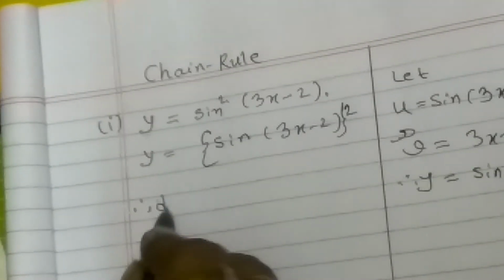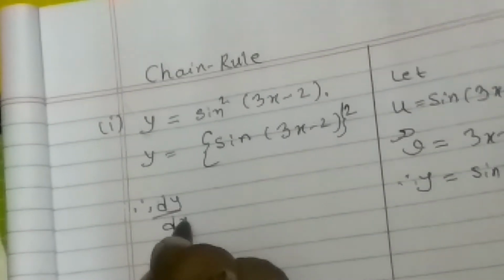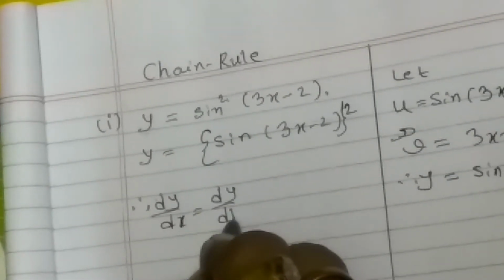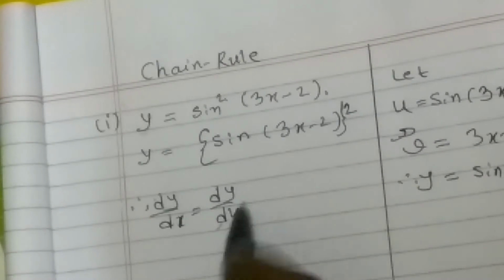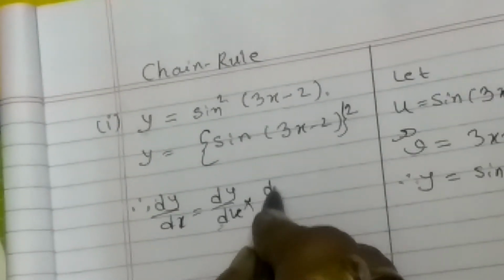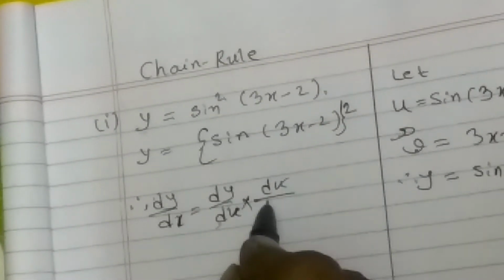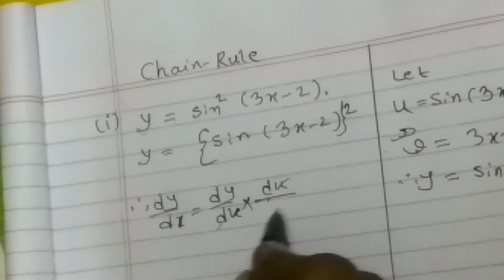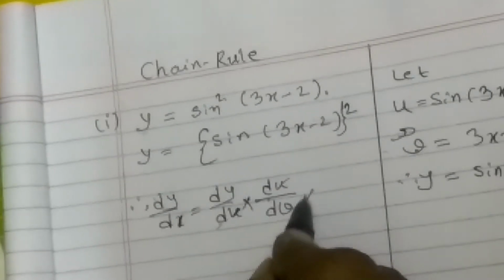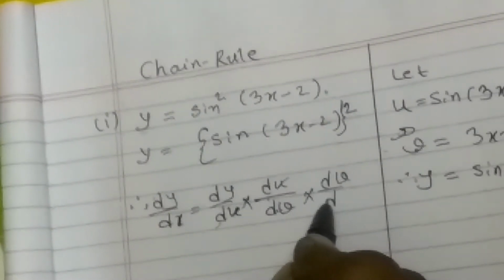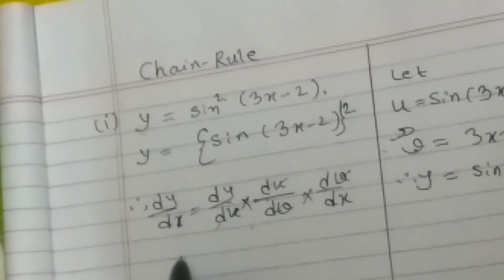Just carefully mind it. The more you practice, the more you can master it. So dy by du, again du is there on the bottom, so du will seem to cancel. Now du by dv, and dv into dx, because dv appears to cancel, so finally it is dy by dx.